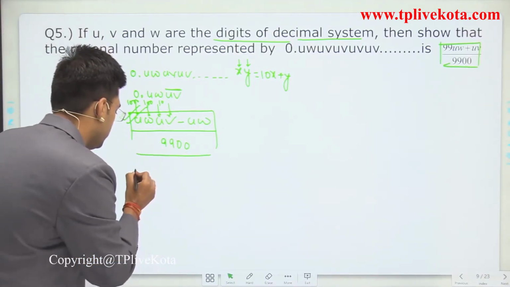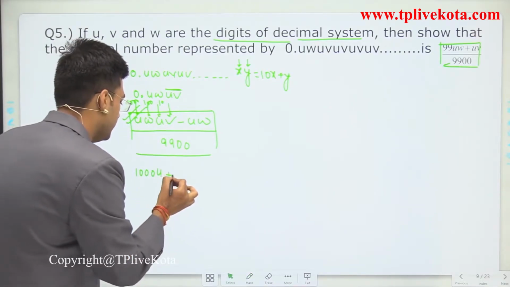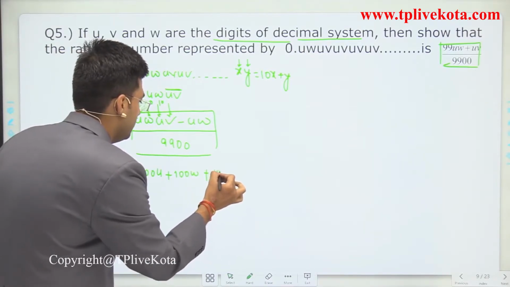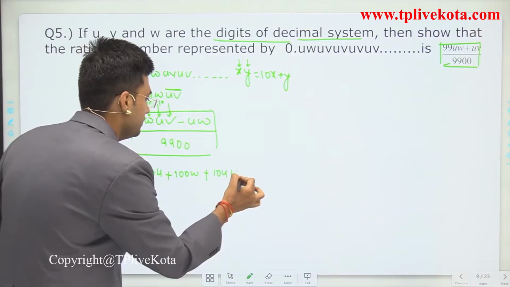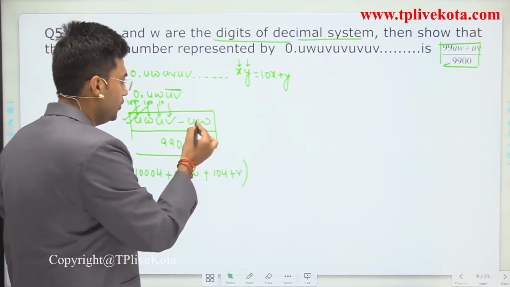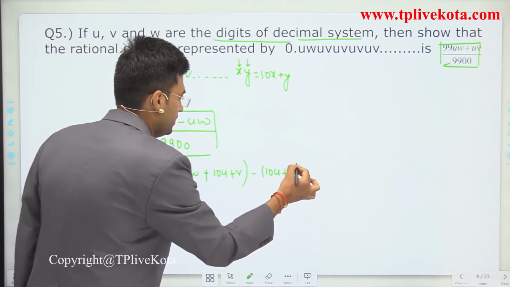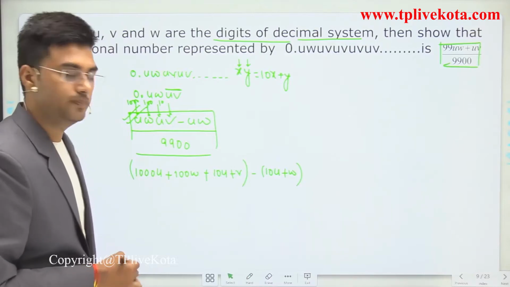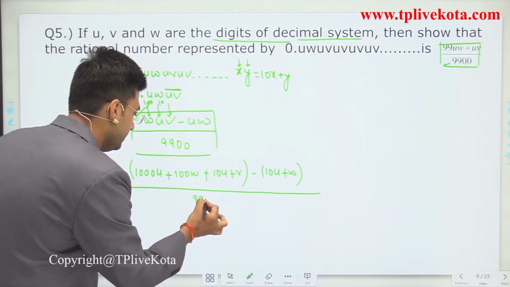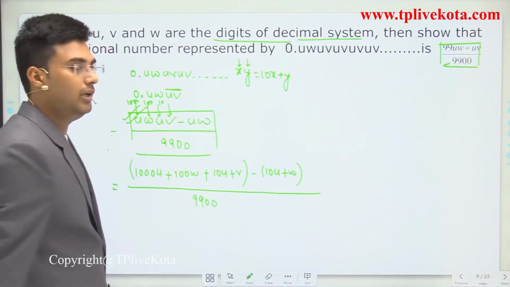So when we generalize it, what will we get? 1000u plus 100w plus 10u plus v. Okay. Now uw is equal to 10u plus w. Clear? Now it is divided by 9900. Clear?